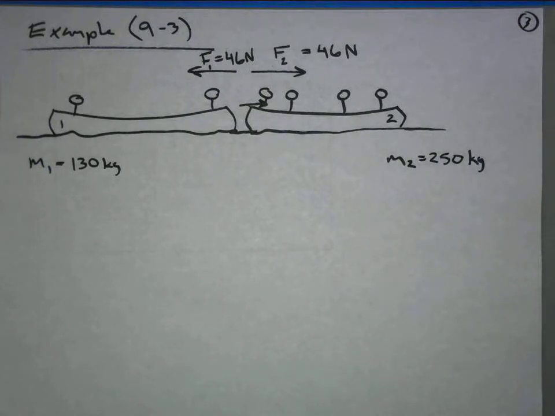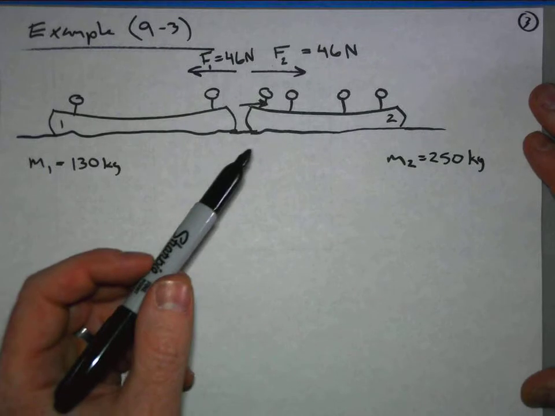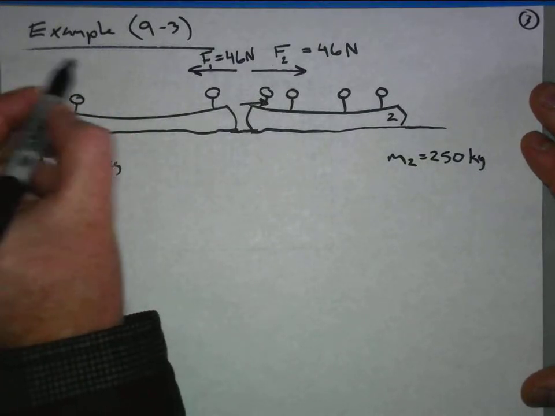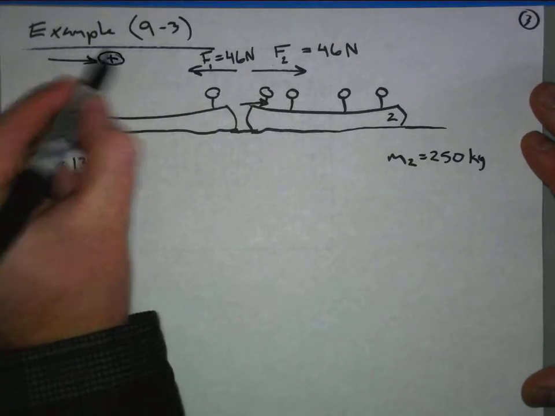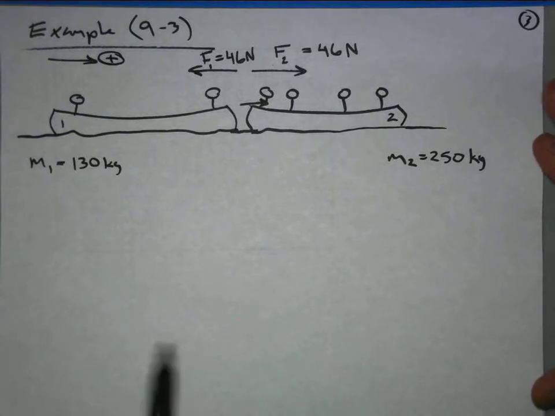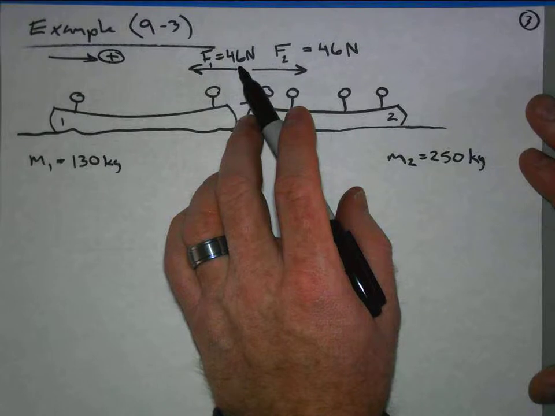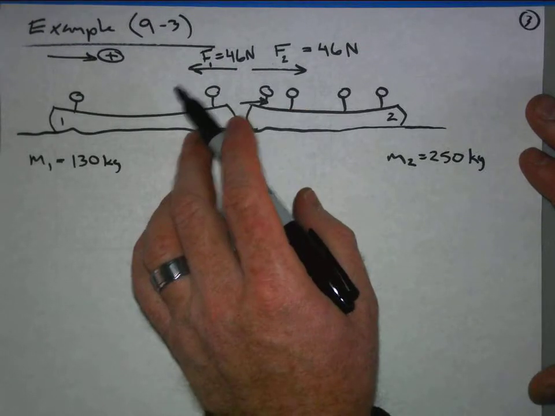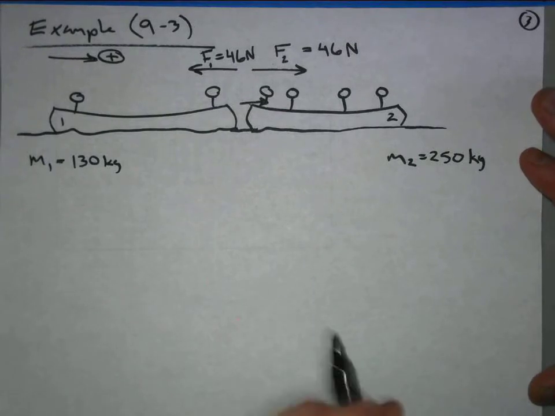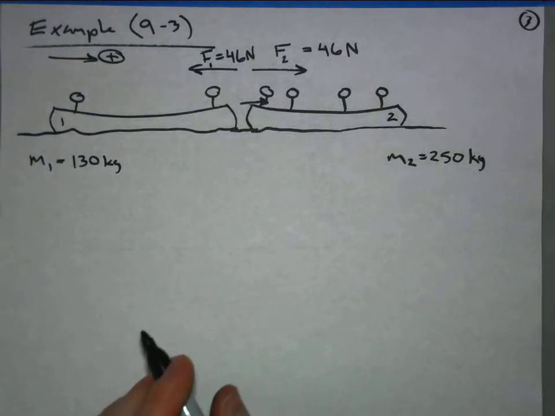But there's an important distinction here, and that is we are dealing with vectors. Direction matters. So we're going to make to the right the positive direction. Awesome. Well, that technically is going to mean this 46 newtons acting on canoe number 1 is in the negative direction. So I could put a minus sign in front of that. And I will have to in just a moment when I deal with these things, right?